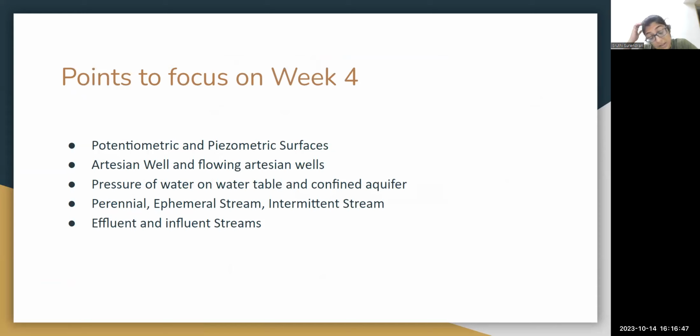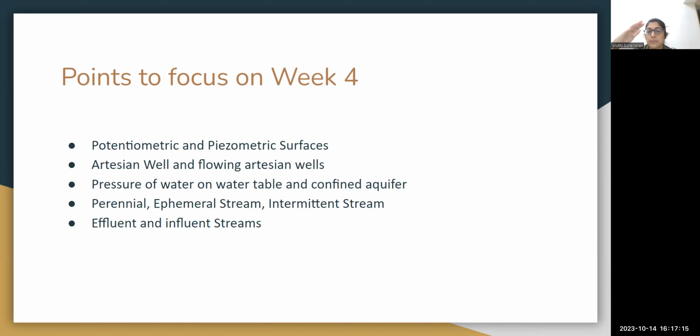The other points are the potentiometric surface and the piezometric surface. Water in a confined aquifer has a certain amount of pressure. If a well is drilled into it, the level of the water that comes up gives us an idea about the pressure head of the water inside that aquifer.